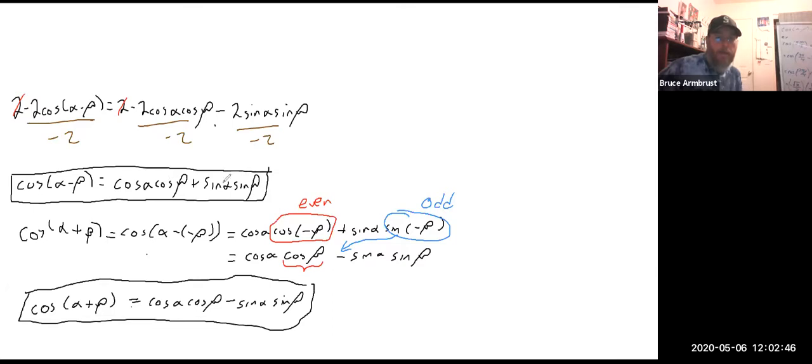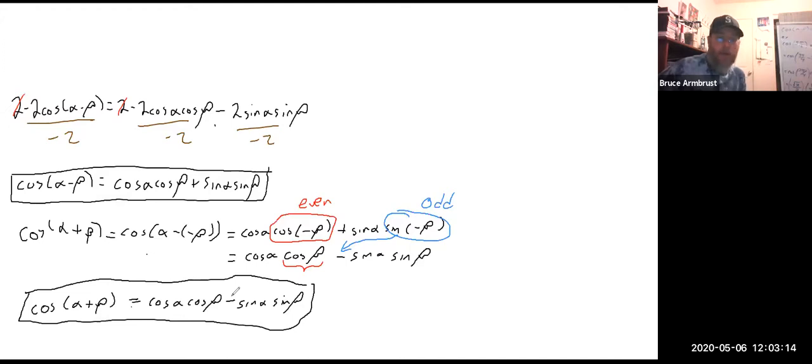The first one had sine alpha, sine beta, so does this. But the one and only difference is the first one was plus, and the second one was minus. So it's really easy to remember both of them if you know one of them. All you have to do is change the sign in between, plus or minus, and you're good to go.